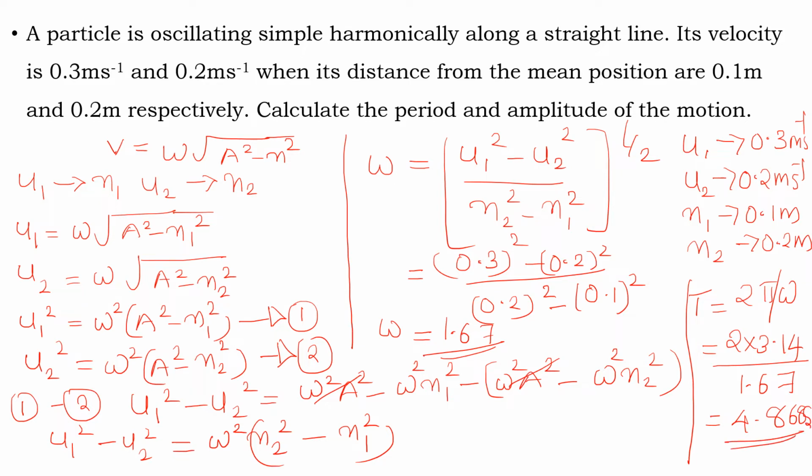And next is the amplitude of the motion. This amplitude can be calculated from the first equation, that is u1 square is equal to omega square into a square minus x1 square.